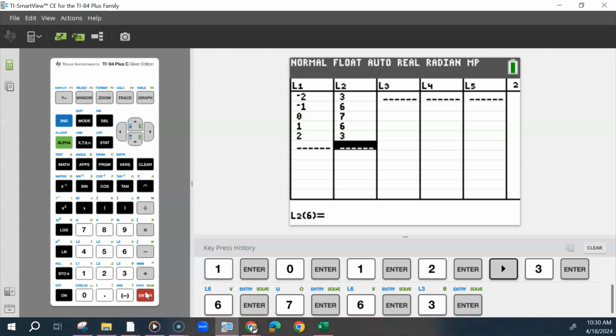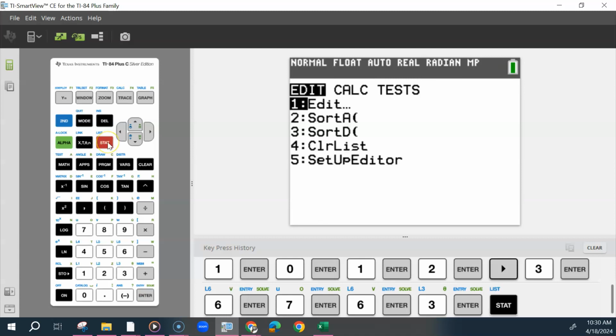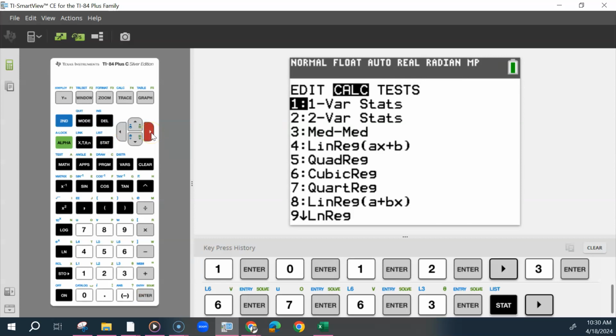And then once you have all of your data in the table, just like for our line of best fit, we're going to go back to stat, scroll over to calculate, but instead of doing number 4, we are now looking for a quadratic regression, which is going to be number 5.